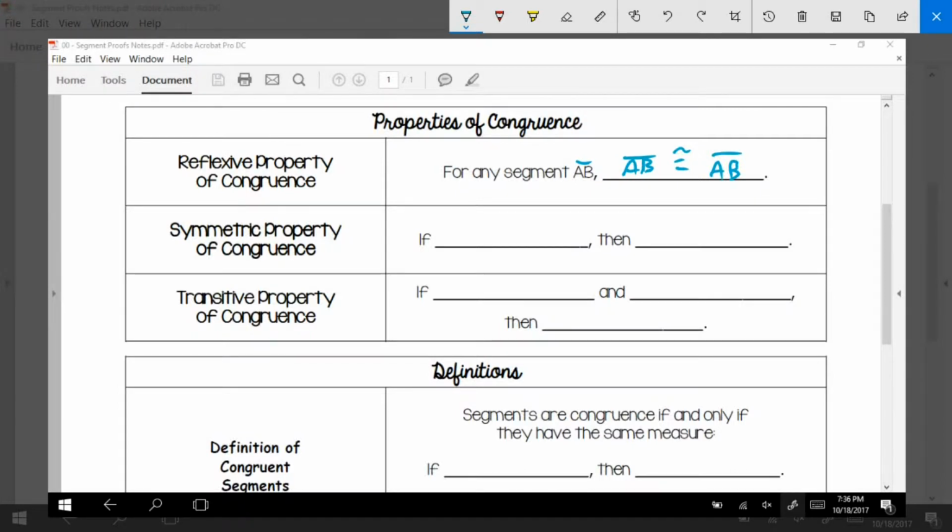All right, next one, the symmetric property of congruence. If AB is congruent to CD, then CD is congruent to AB. Transitive property: if AB is congruent to CD and CD is congruent to EF, then AB is congruent to EF.